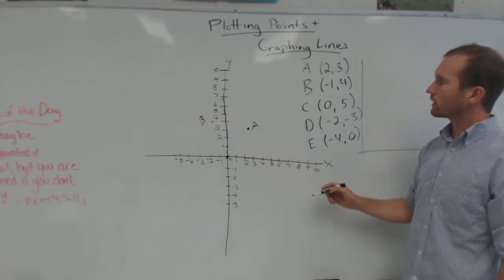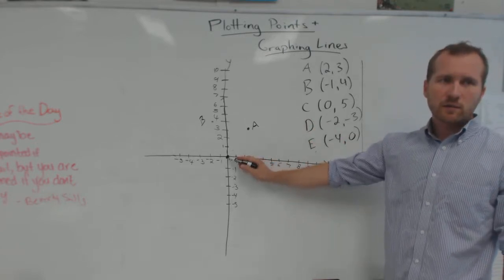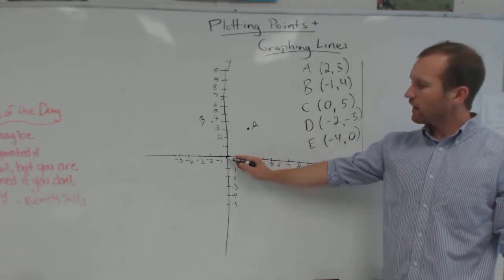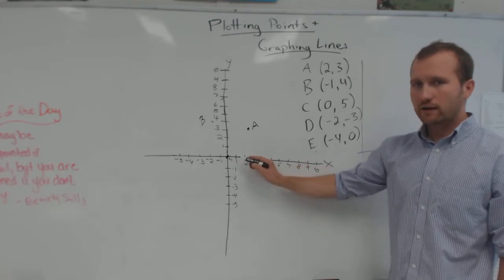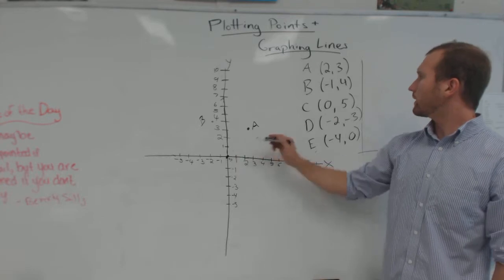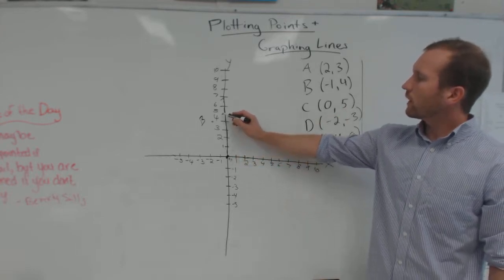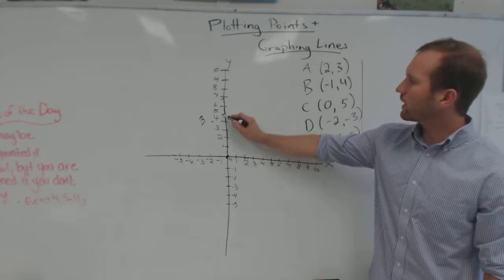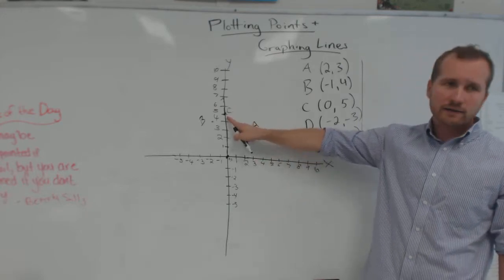And I can label them like this. Point C, 0 is my x. So I'm going to stay right here. I'm not going to move left or right when x is 0. But my y is 5, so I am going to go up 5. And I'll be right here, right on this axis.